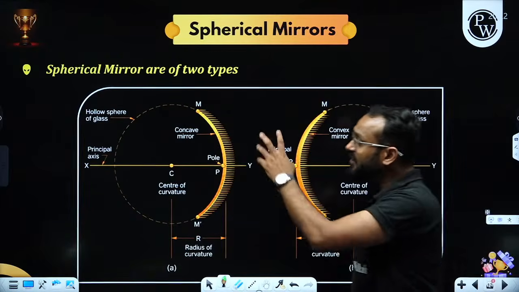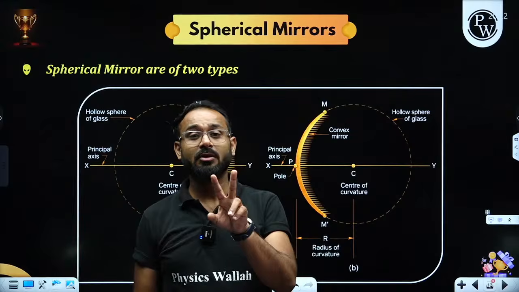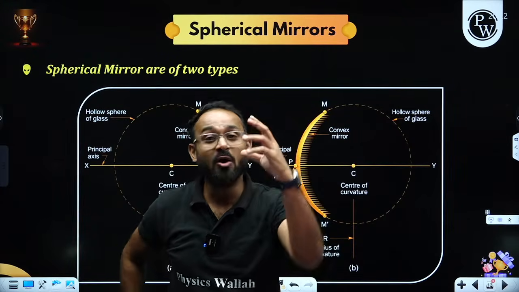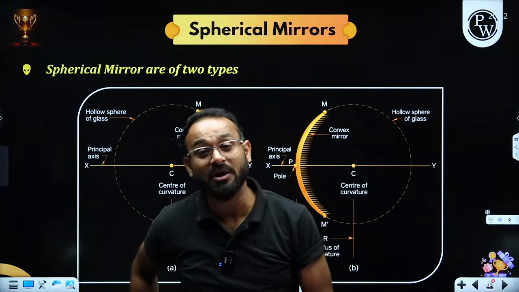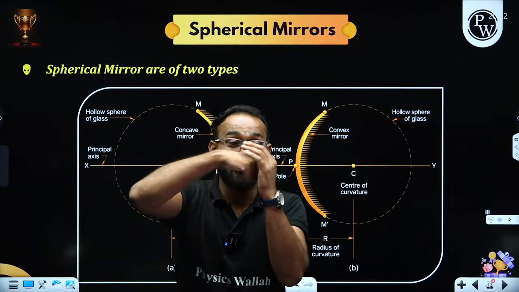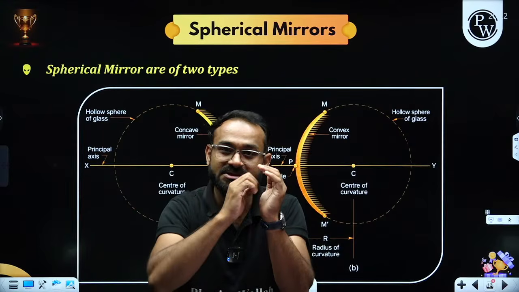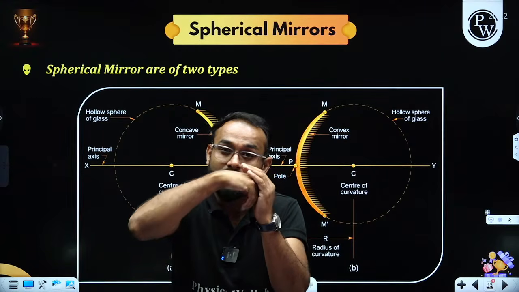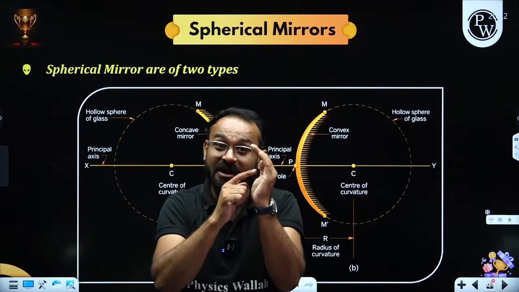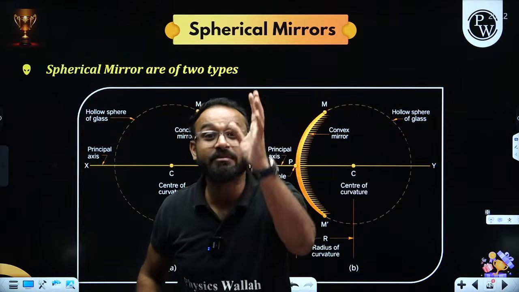Now there are two types. Only two types. What are these? Sir, concave mirror and convex mirror. Sir, how would we identify which one is concave and which one is convex? If the reflection is taken from the curved inward part, the cave part, where the light strikes and comes back, it is considered a concave mirror.